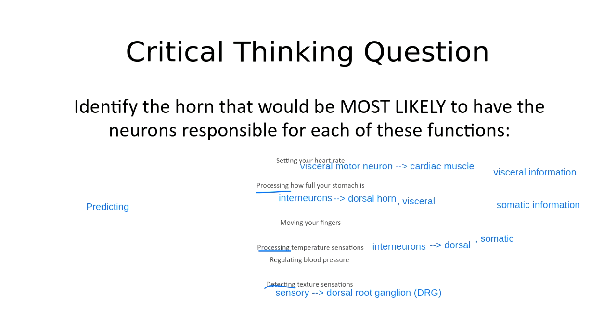When we talk about setting your heart rate, or telling your cardiac muscle how quickly to contract, that's absolutely the job of visceral motor neurons. So visceral motor neurons, which of those horns do they live inside of? Yeah, one of us chimed in here.